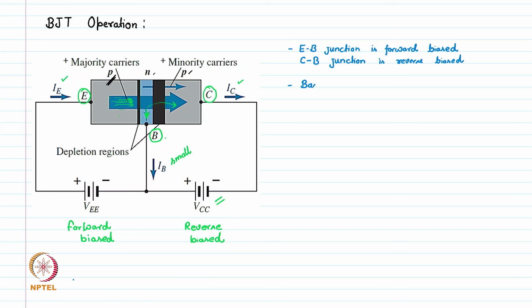Base region is very thin and lightly doped. Base current is very small.